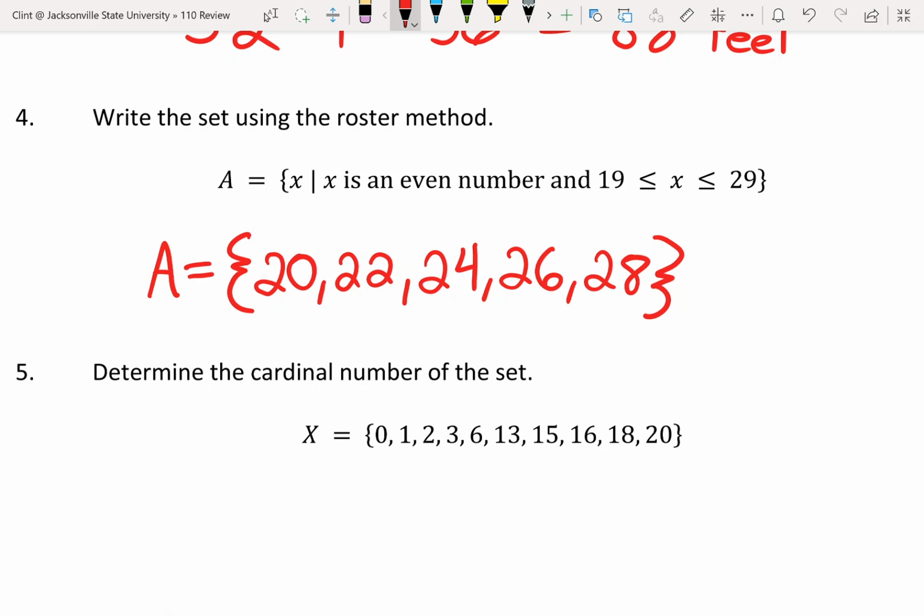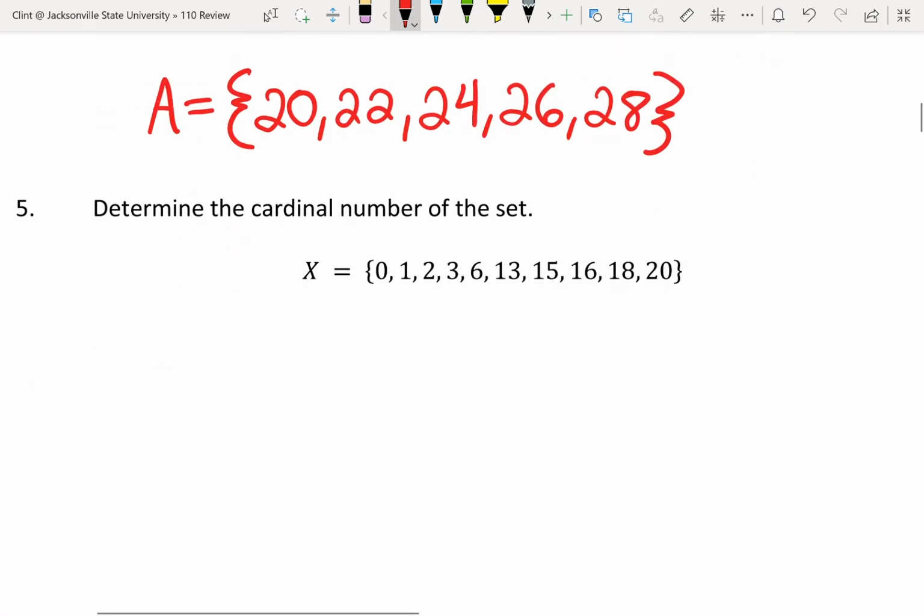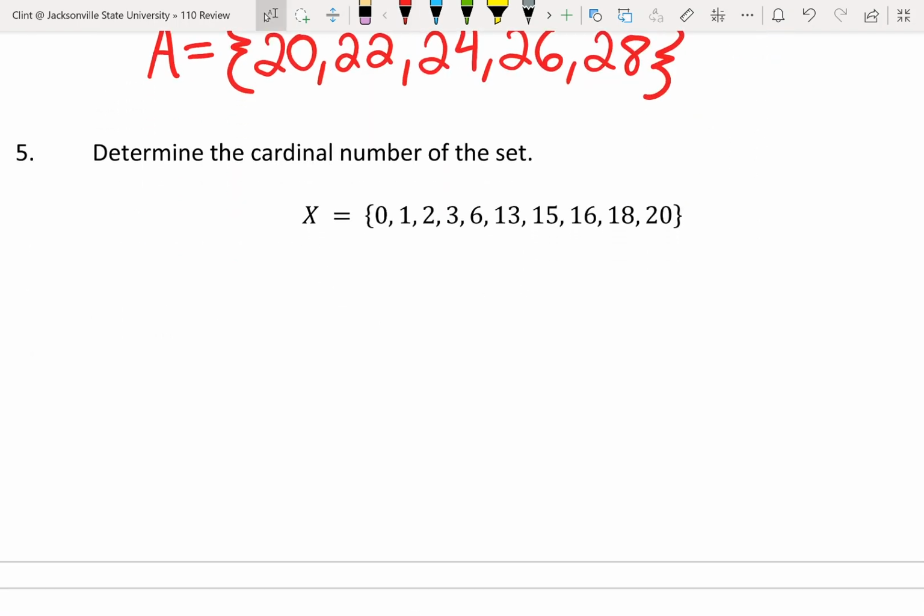Okay. Number 5 says determine the cardinal number of the set, and just a reminder, cardinal number is the one that looks like absolute value. And what does cardinal number mean? Yeah, that's how many we got in there, so we just have to count. So I started to say it makes it easy, but they're not in order.